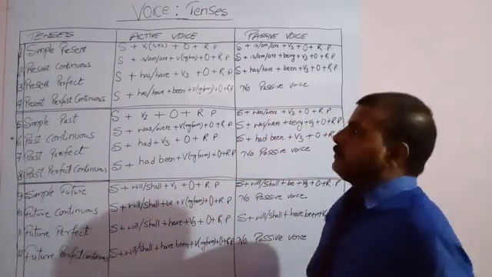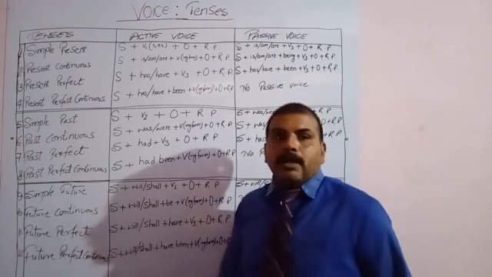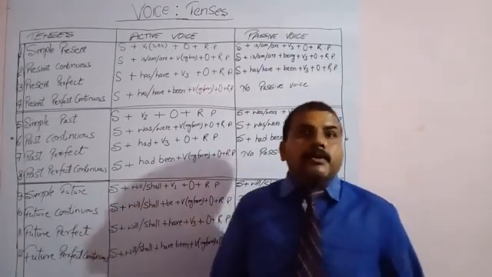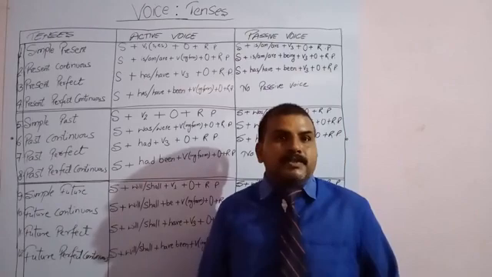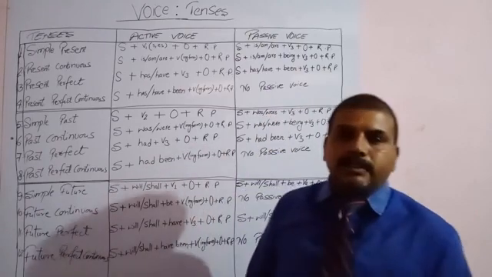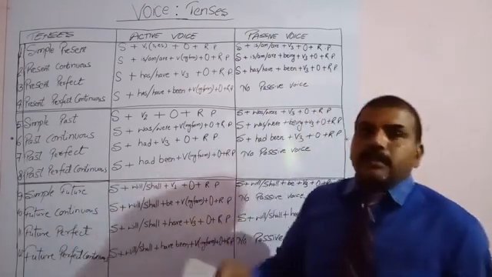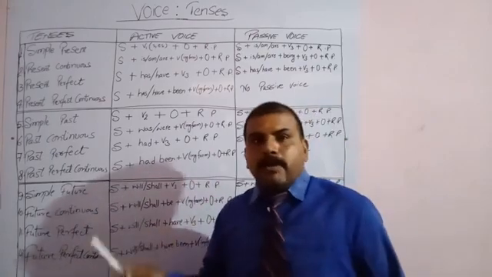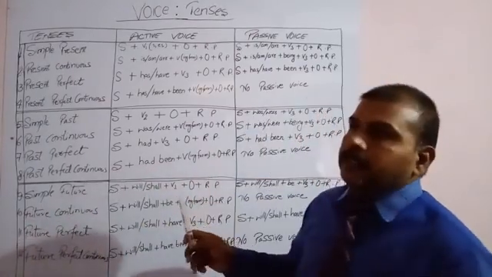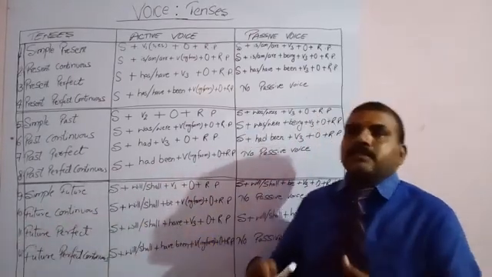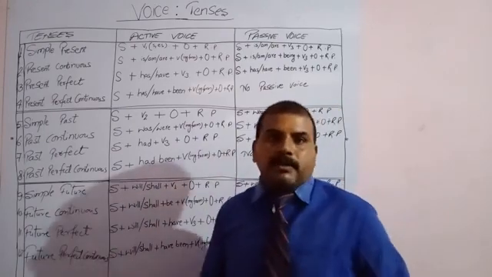As we know, the structure of a sentence is subject, verb and object. Then in some sentences there is a remaining part of the sentence.